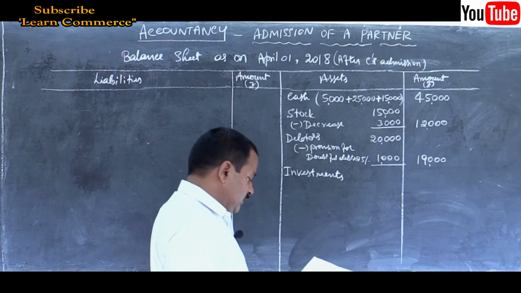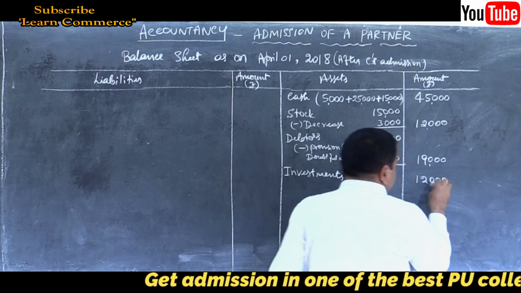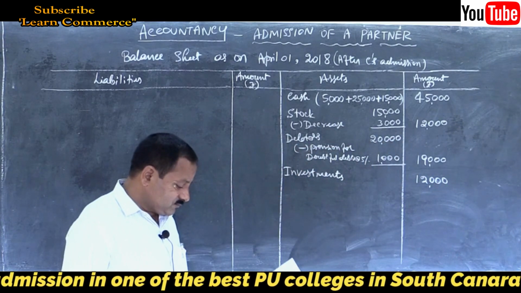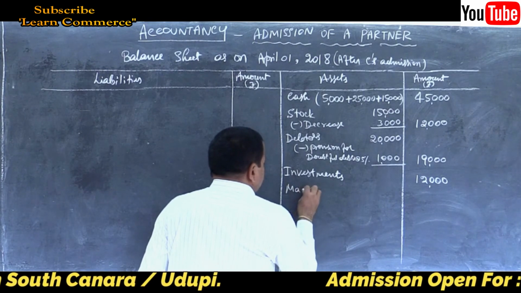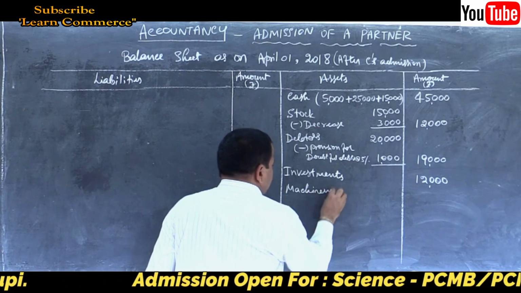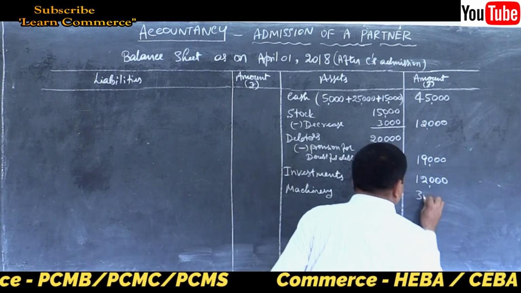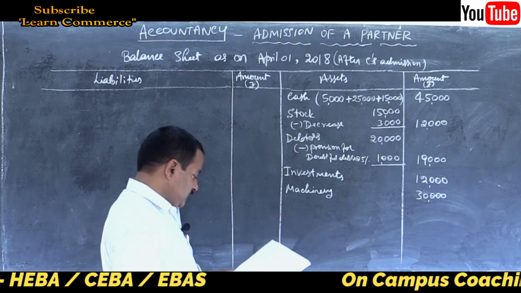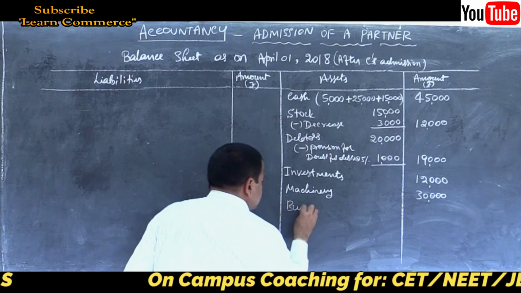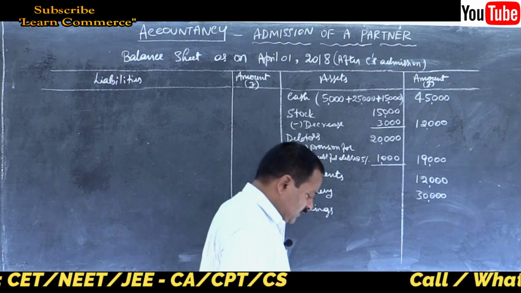Then investments given at the end, but I am taking it here as per the liquidity order. Investments, no change, write it as it is, 12,000 in outer column straight away. Then machinery, no change, write it as it is in outer column. Machinery, 30,000. Buildings, there is a change.